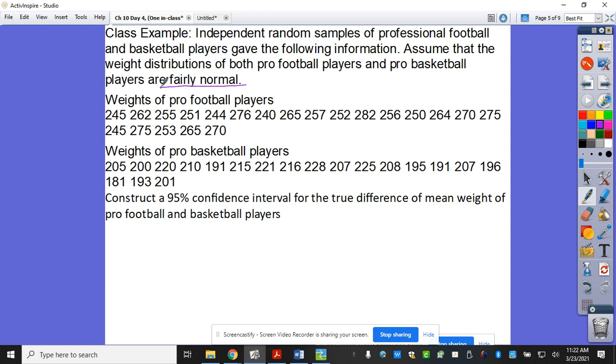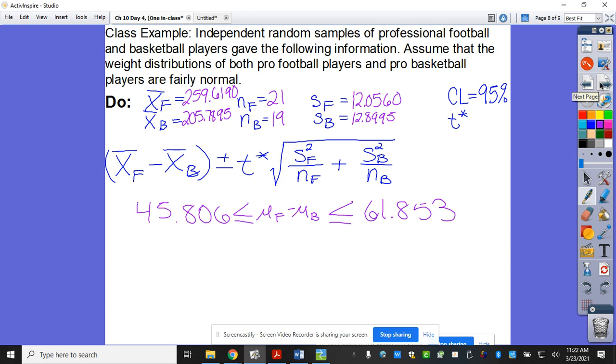Stated that both the weight distributions of pro football players and pro basketball players are fairly normal, so we can use normal approximation. And then with independent, I would have to say there are at least how many pro football players? 210, and there are at least 190 pro basketball players, which would check off both of our 10% conditions.